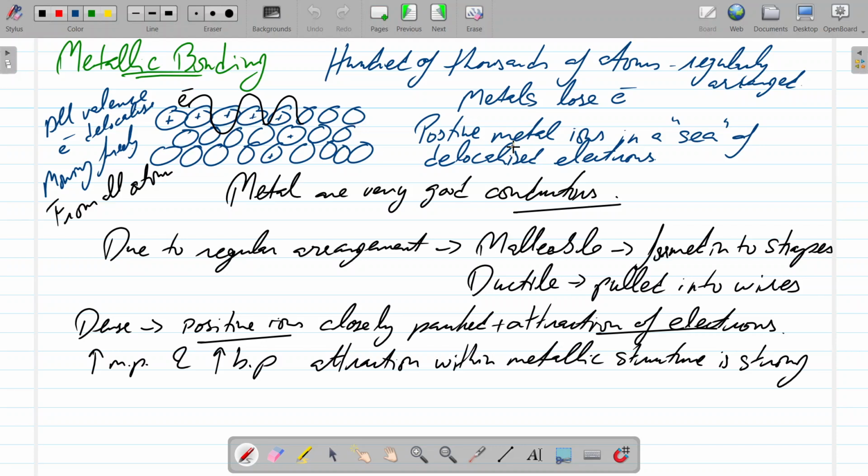There are positive metal ions in a sea of delocalized electrons. Those delocalized electrons are what make metals good conductors of electricity, because electricity is a flow of charge.